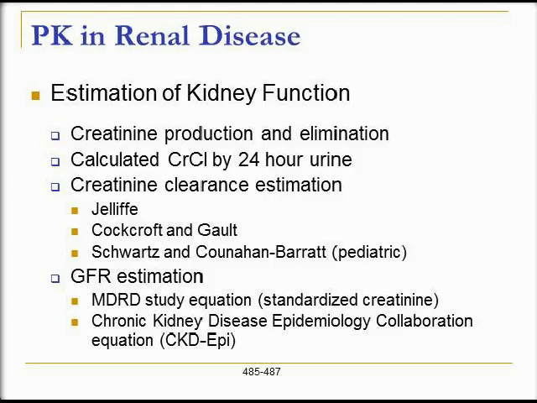So we have various equations that estimate creatinine clearance, and the one that's most commonly used is Cockcroft and Gault, which is only used in adults, however, and so I've added also some equations for pediatric patients, which are listed there. Now realize that those are estimates of creatinine clearance. Within the past 10 years or so, various investigators have come up with equations for estimating glomerular filtration rate, which is actually what we want to estimate.